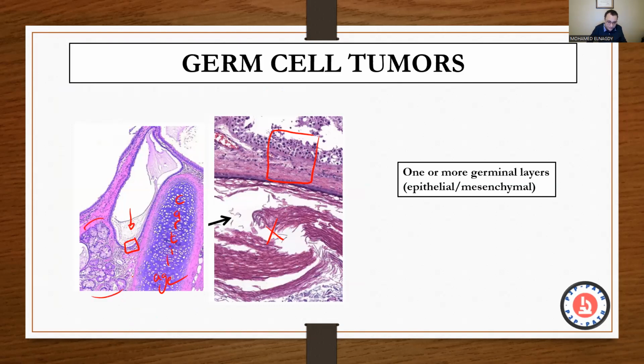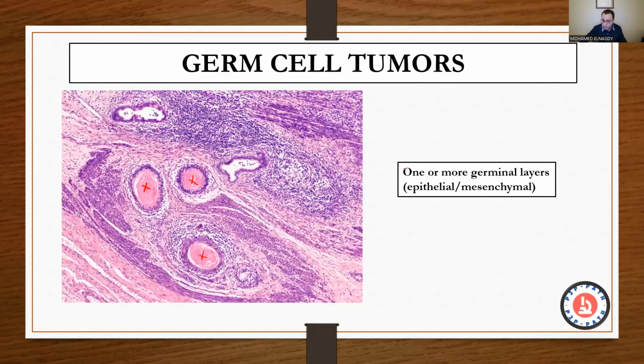You also sometimes see skin appendages there, like sweat glands, sebaceous glands. You sometimes also see bone, hair. This is what we call the mature cystic teratoma, or the teratoma.